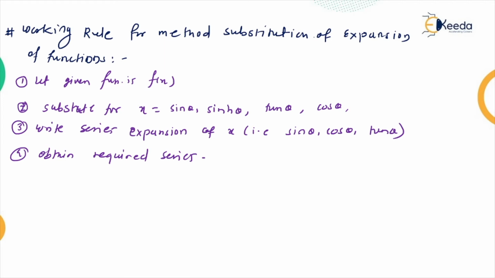So for example, let me start. Suppose an expansion is given to you and you have to solve it by the method of substitution, guys. So let's see. For example, I have to expand sec inverse of 1 upon 1 minus 2x square. So how will it be expanded, guys?